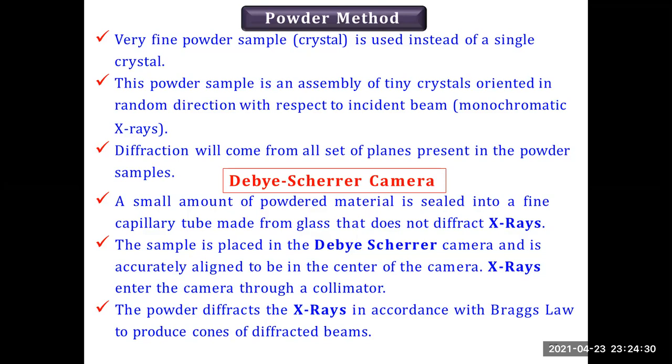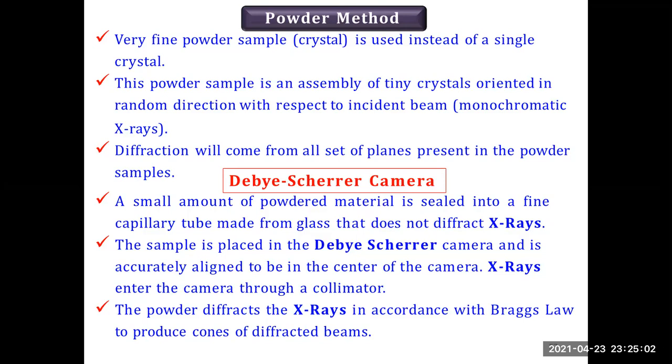When the X-ray is incident on the sample, a sample holder is there, and inside that sample holder we put the polycrystalline powder by means of an adhesive, and we incident the X-ray. When you incident the X-ray, you will get different orientations of the X-ray beam, which can be known as the set of planes present in the powder sample.